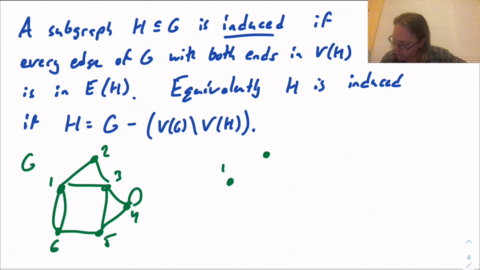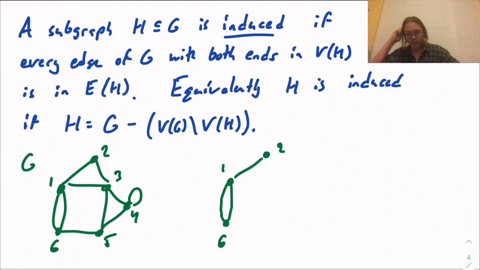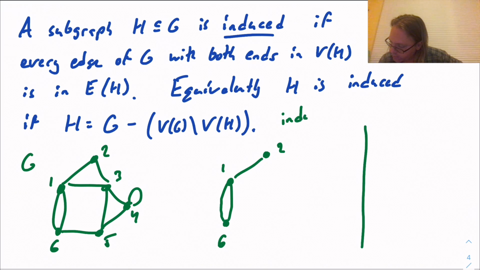If I want vertices 1, 2, and 6, then you have to take all edges with their ends in that set. So this is induced. Let me draw another induced subgraph. These will be induced subgraphs. There's one with vertices 1, 2, and 6. I could make another with vertices 3, 4, and 5.